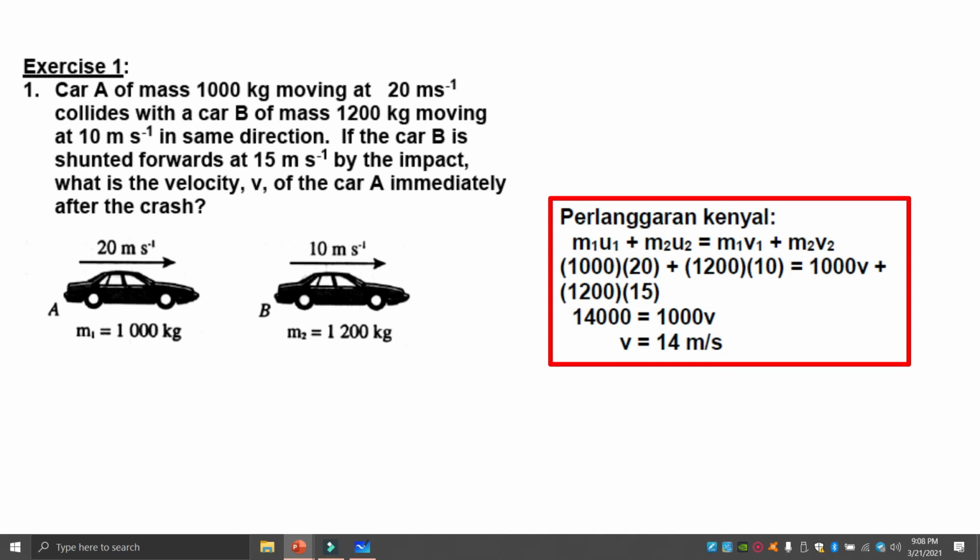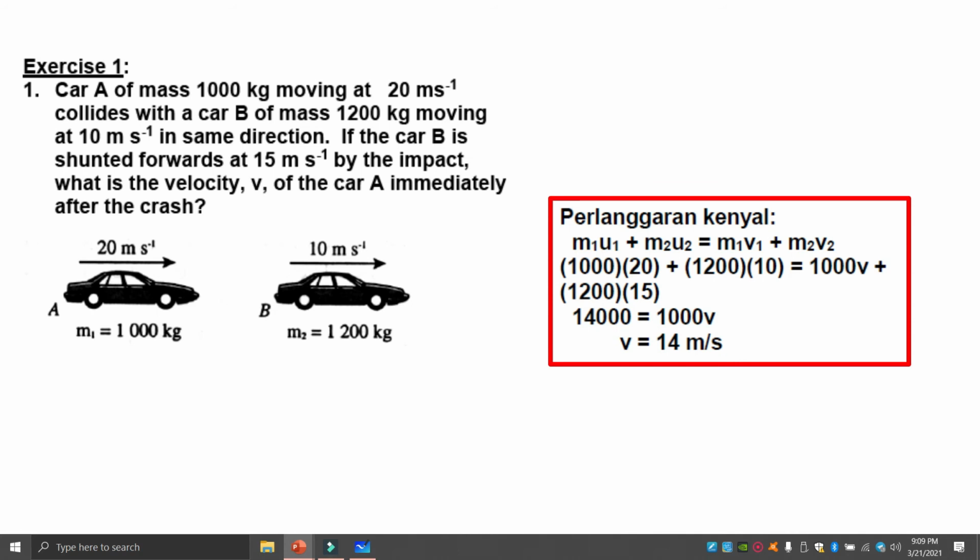And then it said here, if car B is shunted forward at 50 meter per second by the impact, what is the velocity v of car A immediately after the crash?